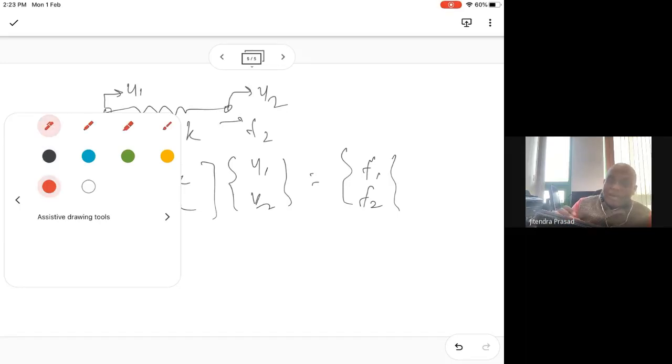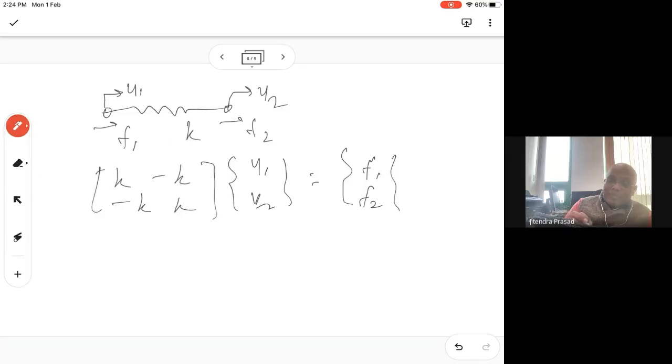So what happens is one of the solutions will be just a rigid body movement. For example, if we have u1 equal to 5 and u2 equal to 5, we solve the problem. This will also be a solution here. You can put it in and find out. That really means you have to constrain one of them.